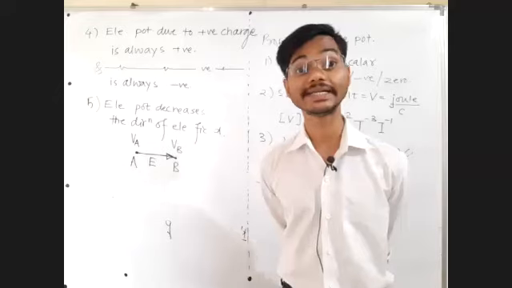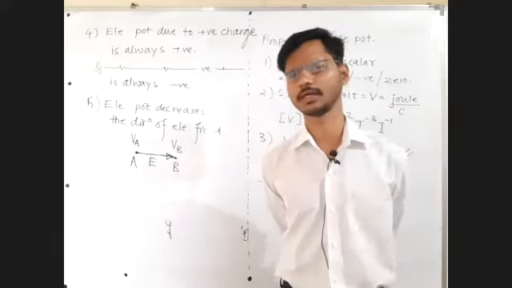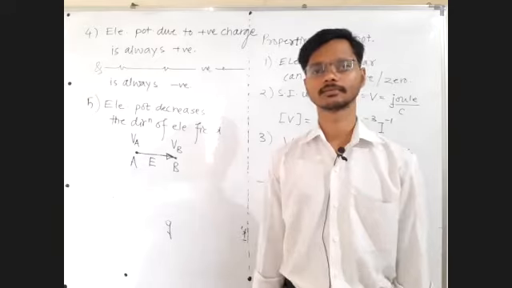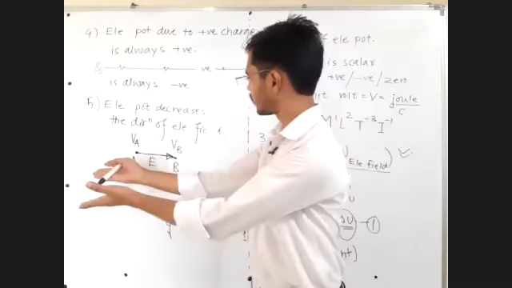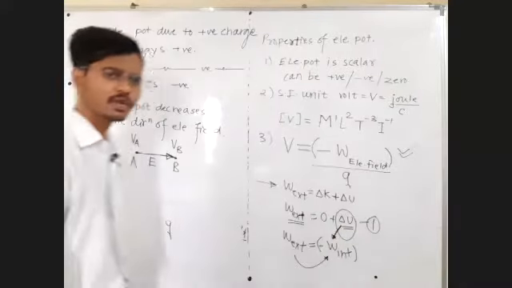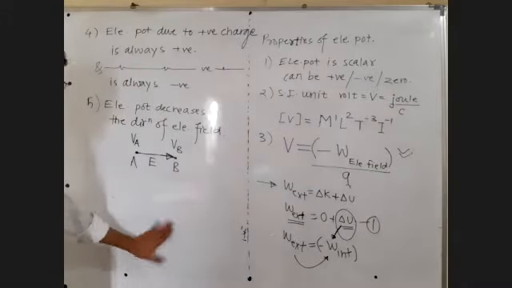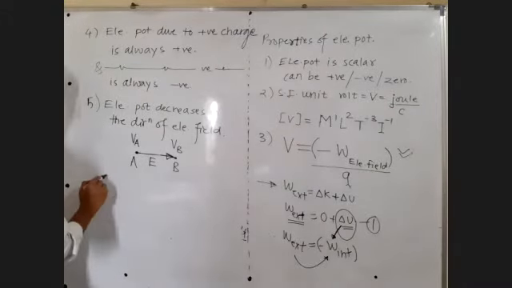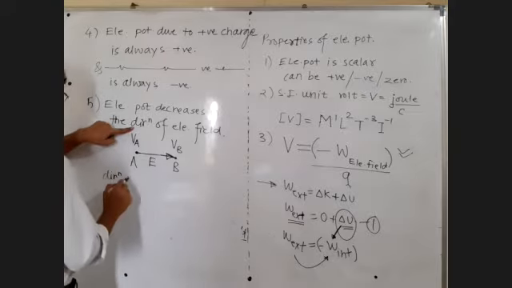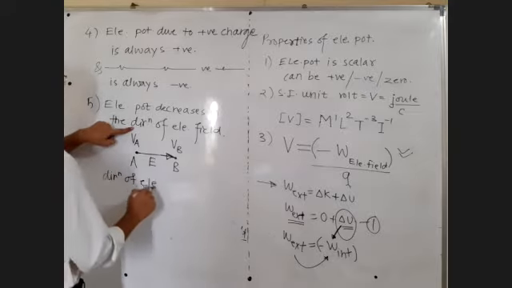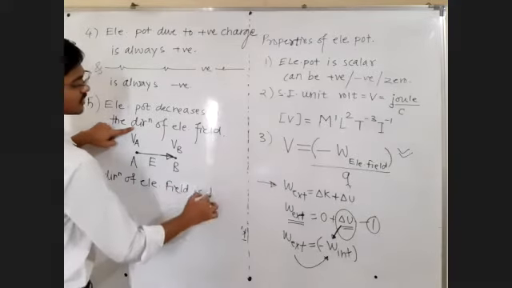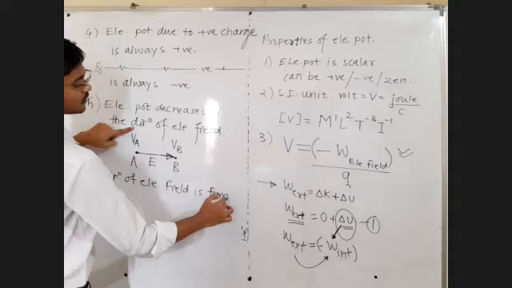Electric potential decreases in the direction of electric field. Direction of electric field is rightward. So the leftward one has higher potential, the rightward one has lower potential. All of you are giving the correct answer, so you got it. Can I make one more statement?